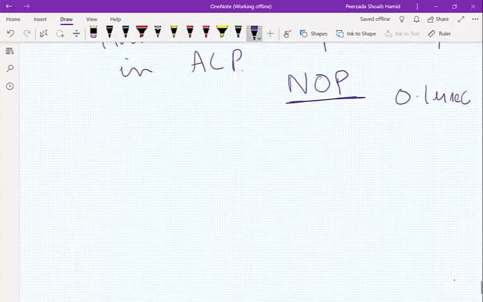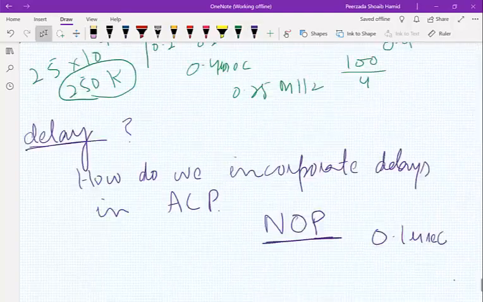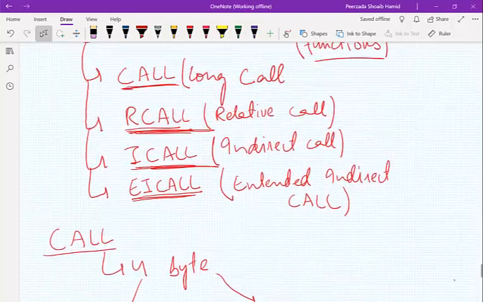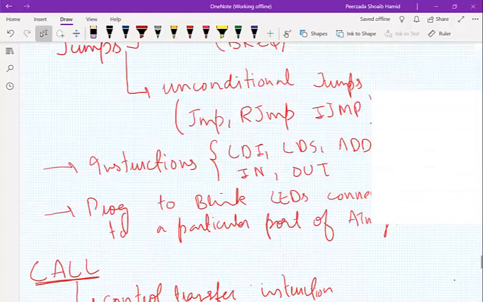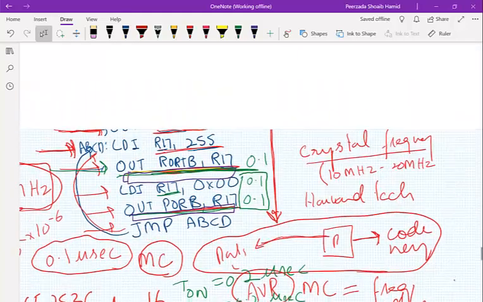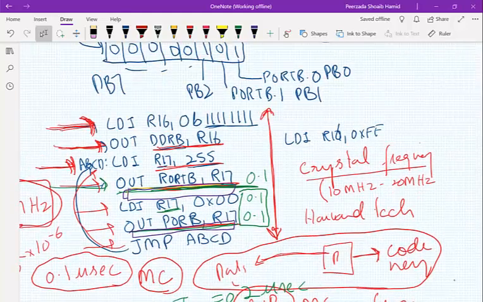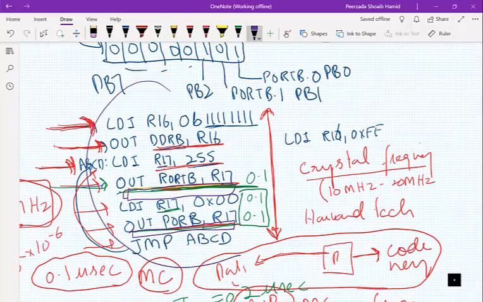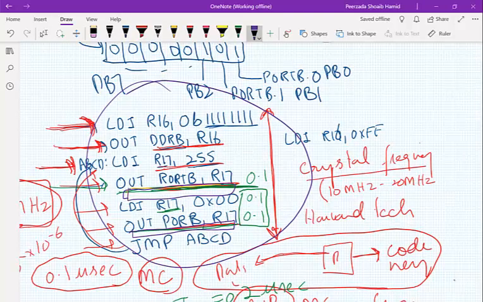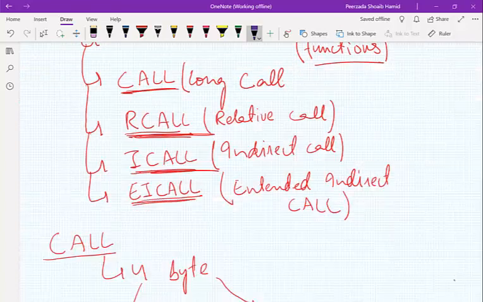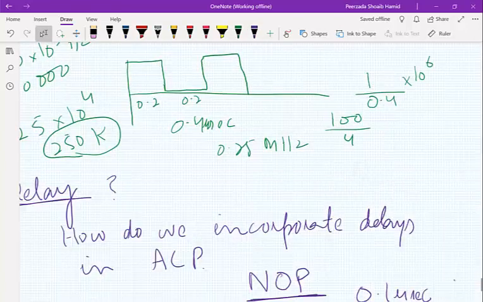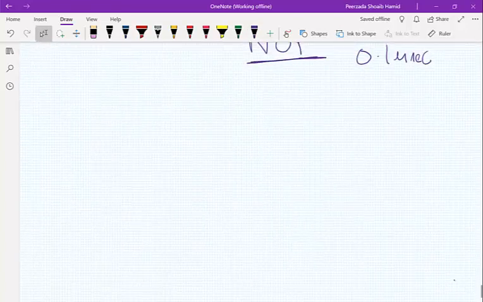So let me rewrite this program. What's the objective here?